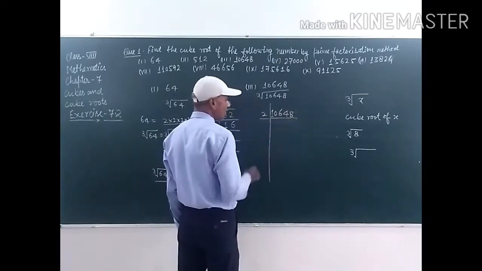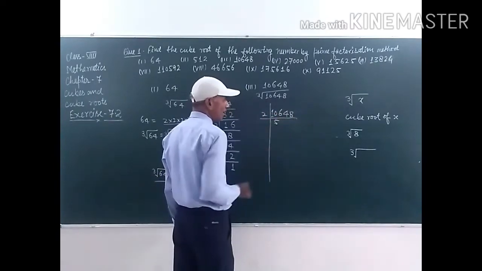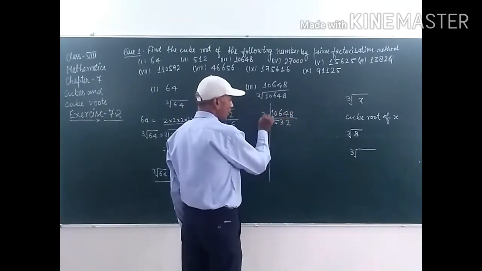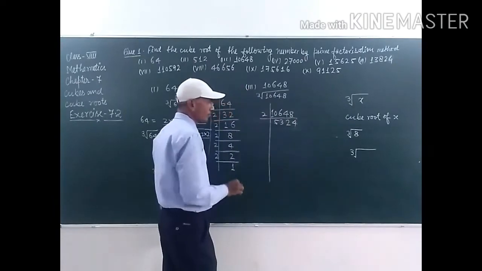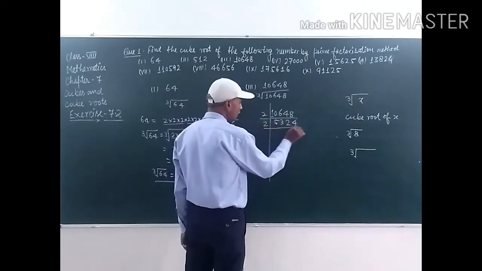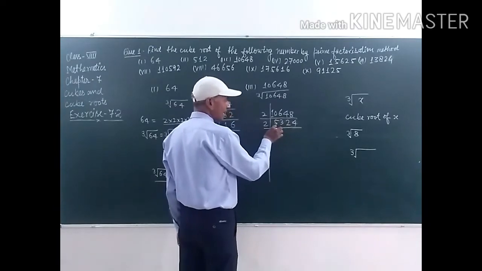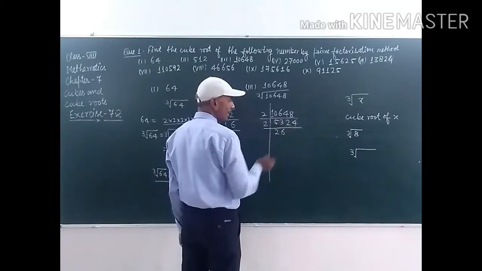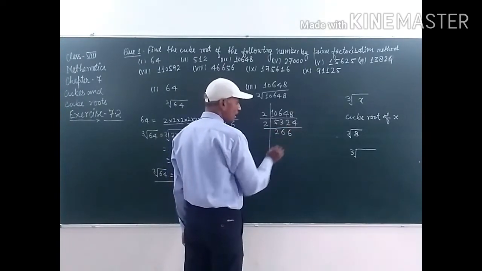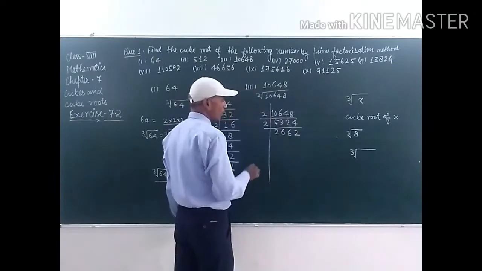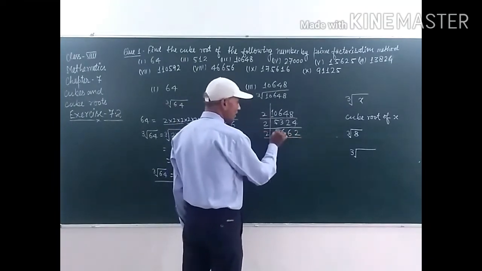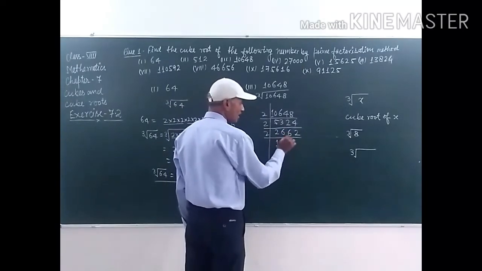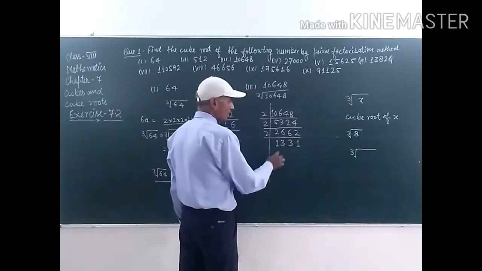After dividing by 2 we get 5324, then again by 2 we get 2662, and again by 2 the number is 1331.